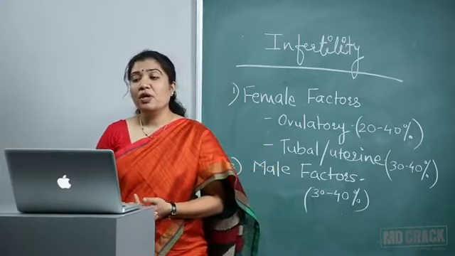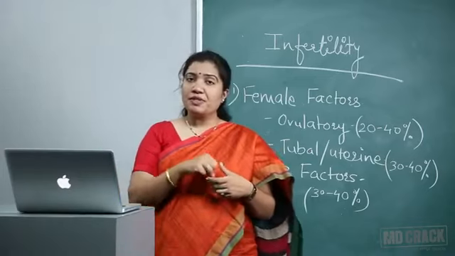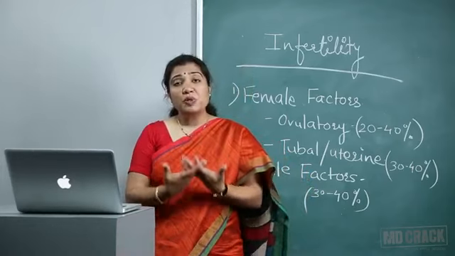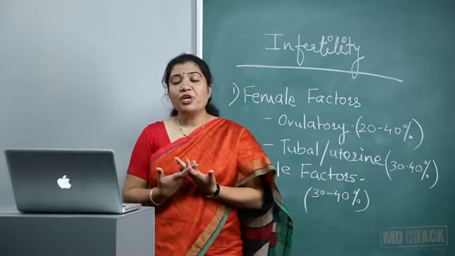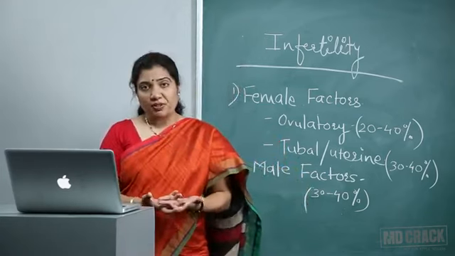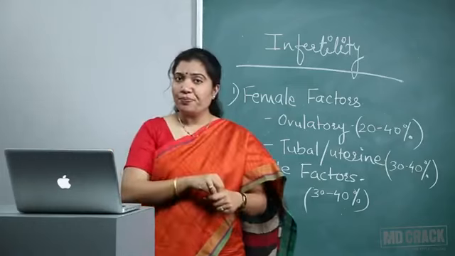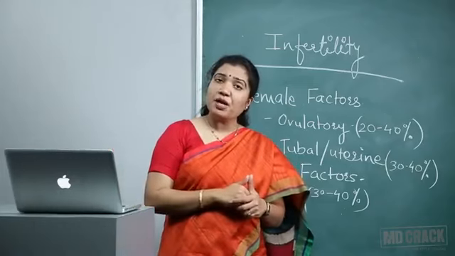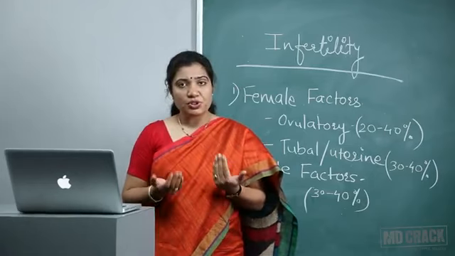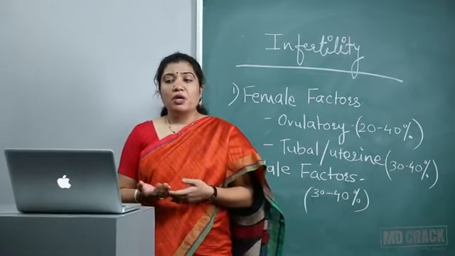And then from the posterior fornix, whatever sample we have taken out from the cervical mucus, we see how many sperms are seen. If 10 to 50 motile sperms per high power field, we are happy. That means sperm deposition is proper. But if less than 10 per high power field are seen in the cervical mucus, then the deposition is not proper.